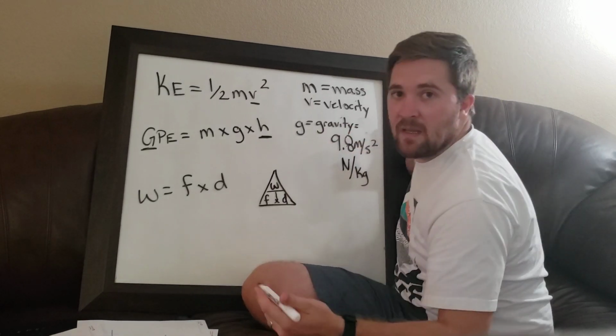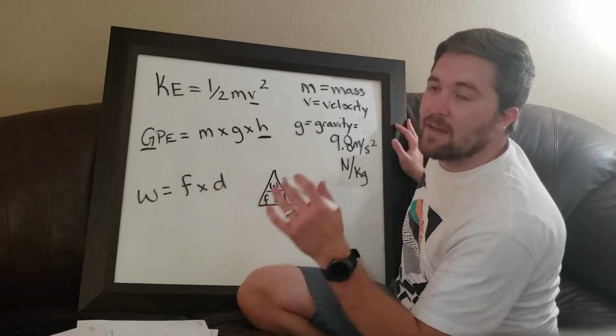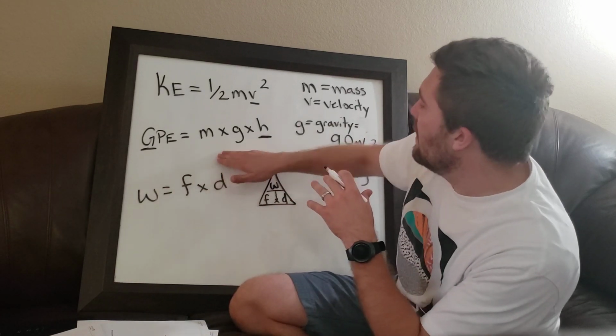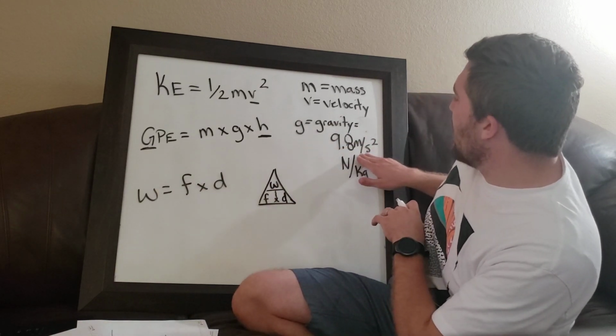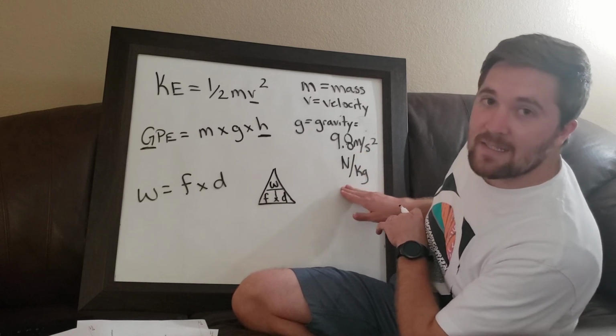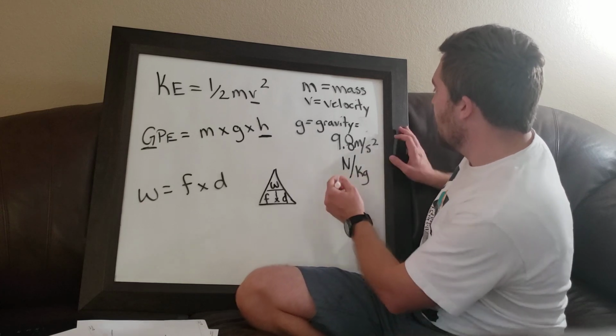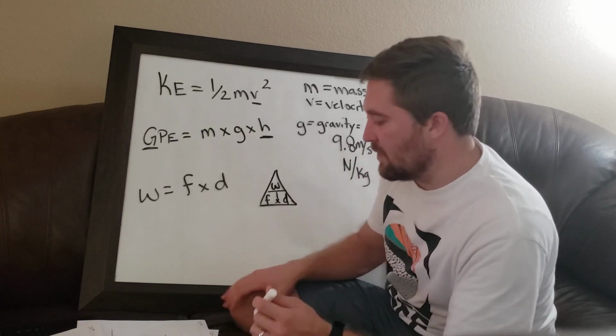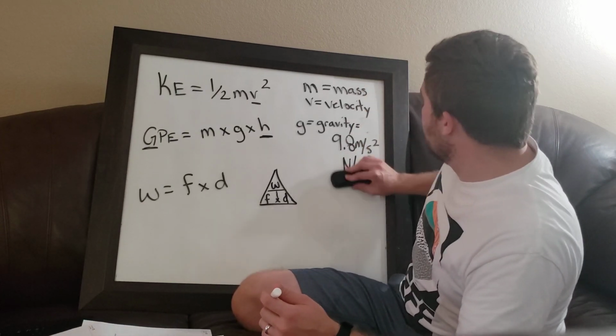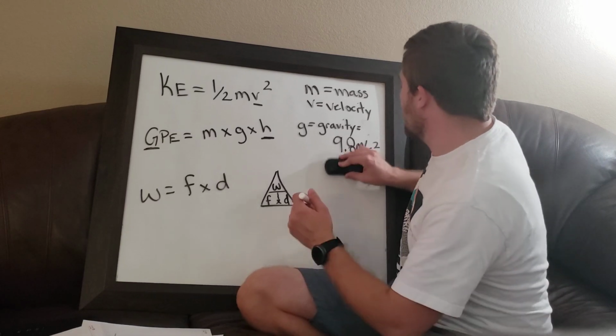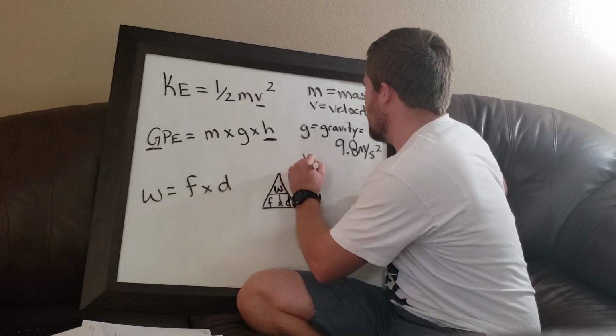And by possibly, you will see this on your test. So when you see this formula, you can write gravity as this, but you're going to see it on your test as this. Okay? So don't get confused. This is newtons per kilogram. It comes out to be the same thing with the formula. So do not get confused on that. And then we have h is height, if you guys remember.